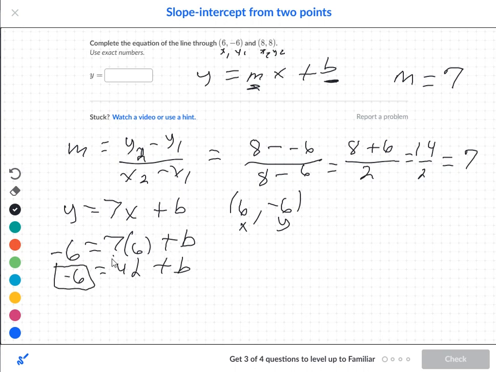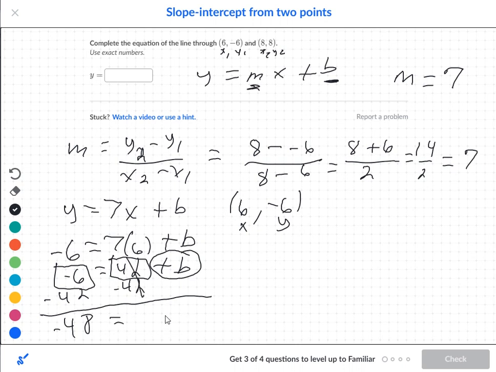So now we're going to solve this. So we're back to equations. So we're going to box our numbers, circle our letters. So we're going to subtract by 42. So when we do so, we get negative 48. The 42s will disappear, and that's what b is equal to. So now I can rewrite the problem.